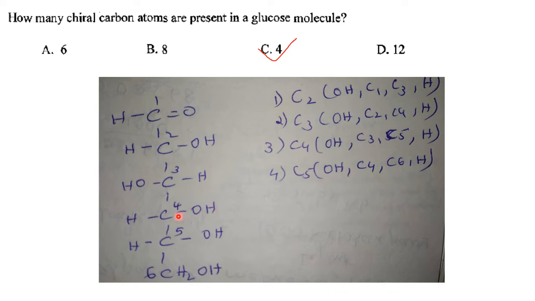And then you have got the C4 one where H, OH, C3 and C5 are attached. And then you have got the C5 one to which OH, C4, C6 and H are attached. So the number of chiral carbon atoms present in glucose molecule is 4. So answer is option C, that is 4.